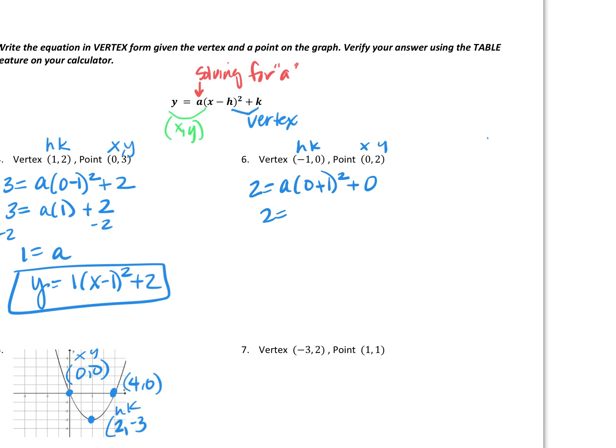So 2 equals a times 1 squared, which is 1. So divide by 1, a is equal to 2. All right, great. Now I'm going to put it in vertex form. y equals 2 times x minus h, so it's going to be plus 1 squared. I don't have to put the plus 0, but you can. It's not wrong if you don't.